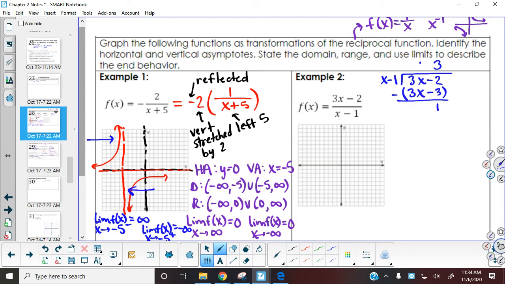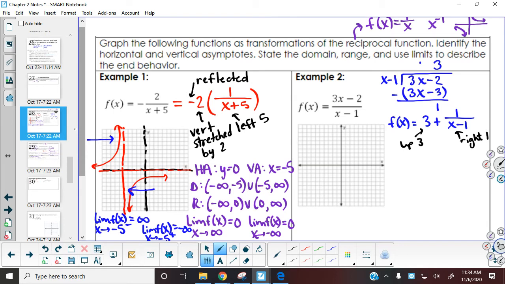So when we rewrite this function using that division, you're going to have the 3 plus our remainder of 1 over x minus 1. Now keep in mind, if it makes sense to you, go ahead and put that 3 on the back side to help you see your transformations. But this tells us it's gone up 3 units, and this tells us that it has gone right 1 unit.